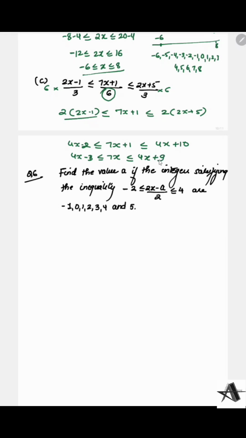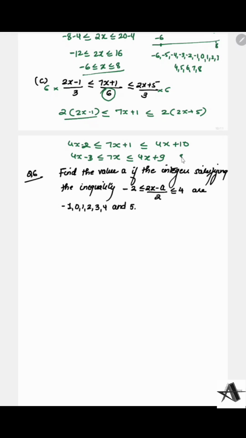plus 9. Now I really need to isolate x in the middle, but I don't need the x's on either side as well. So I am just subtracting 4x from all the sides so that I can get rid of 4x from either side.